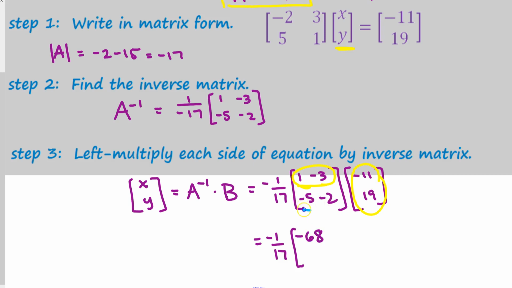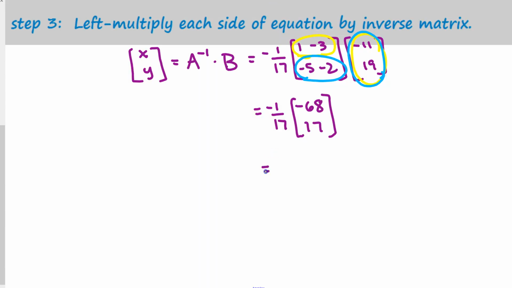And then second row, down the column, we get 55 minus 38, and that is 17, I believe. Now let's multiply the -1/17 through, and we have 4, -1. And those are the values of x and y.